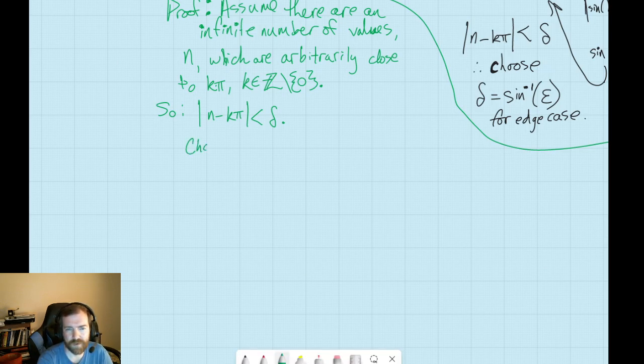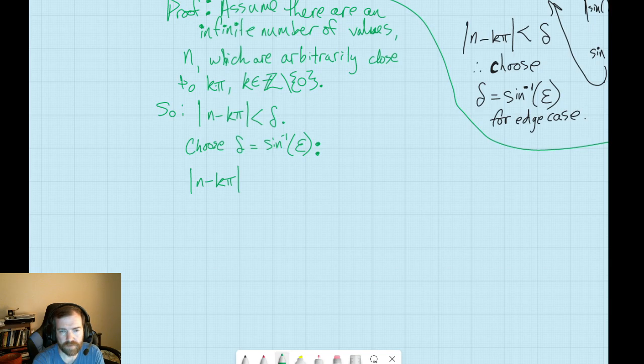Alright, we choose delta equals inverse sine of epsilon. It's the absolute value n minus k pi, it's going to be less than the inverse sine of epsilon.